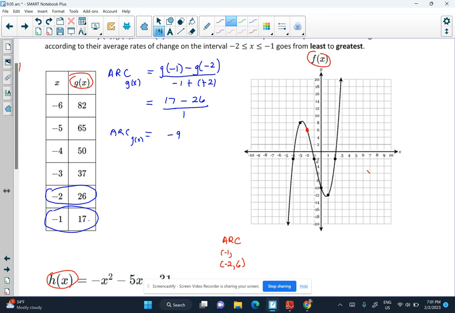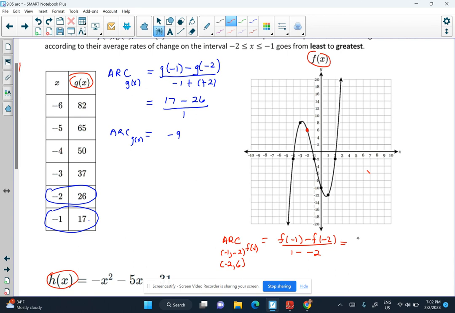So negative 1 and negative 2. So that's the second coordinate. So the average rate of change of f of x is f of negative 1 minus f of negative 2 over negative 1 minus a minus 2.